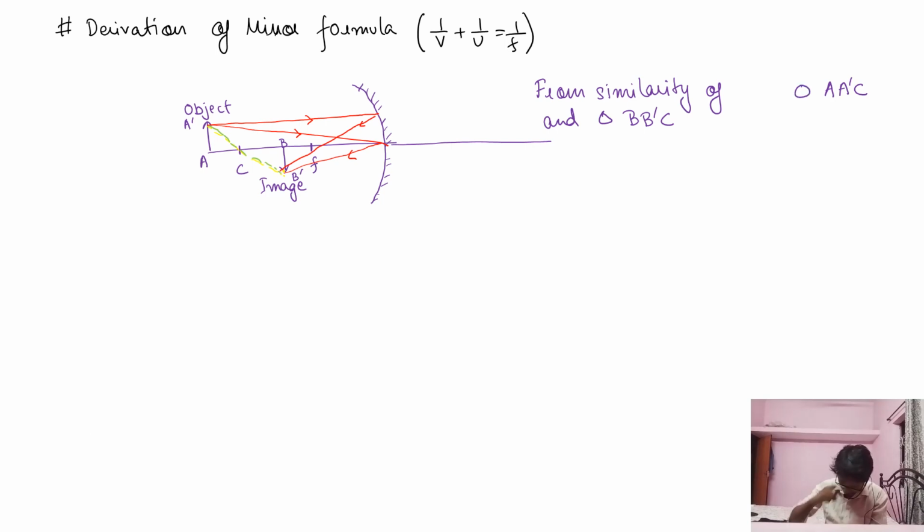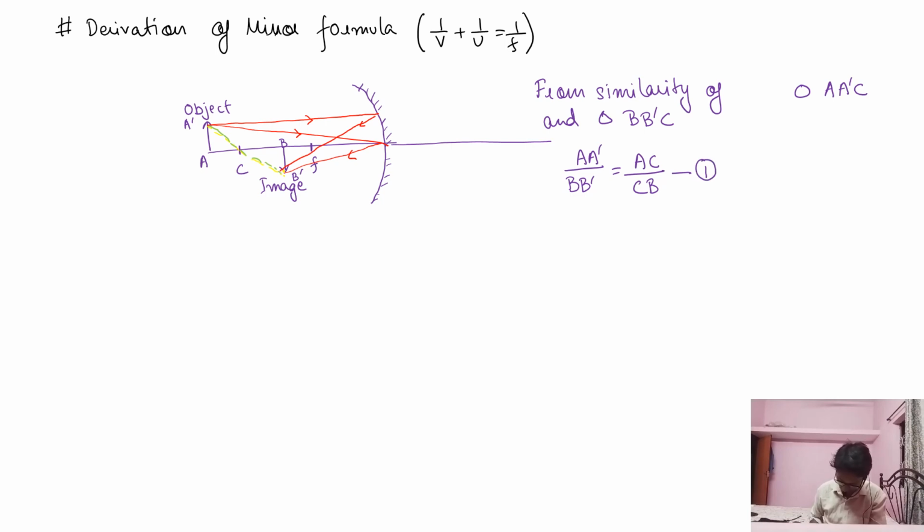From similarity of this triangle and this triangle, can I say A dash divided by B dash is equal to AC divided by CB, because these two triangles are similar. So this length divided by this length is equal to this length divided by this length. So A dash divided by B dash is equal to AC divided by CB. This is our equation number 1.